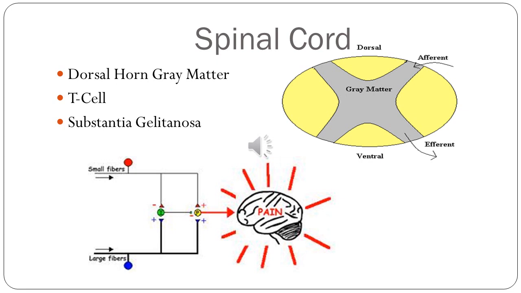It causes the substantia gelatinosa to close the gate, if you will, to the pain. This is very similar to that ascending pain control, or level 1 pain control, that we discussed in lab.